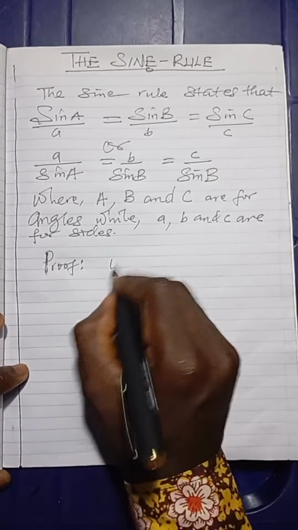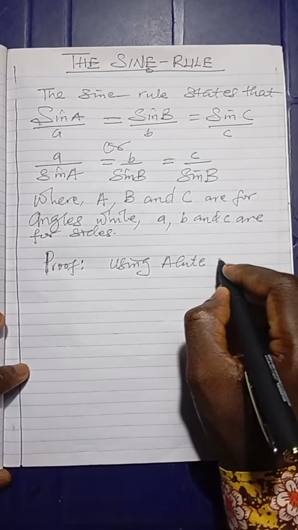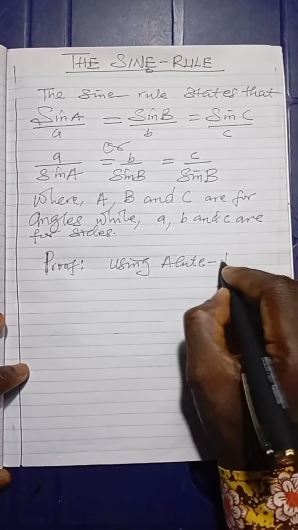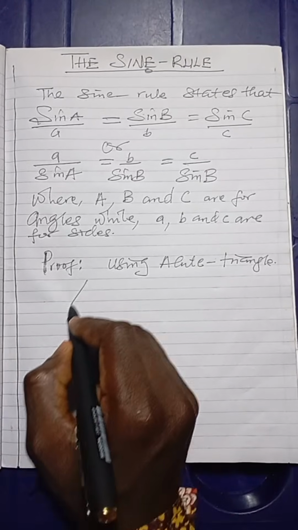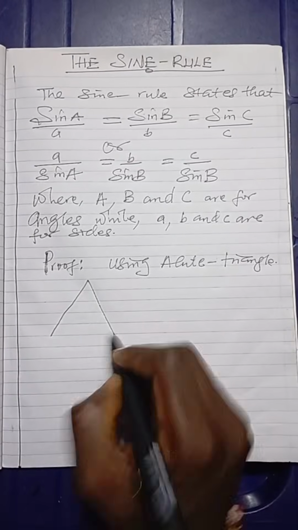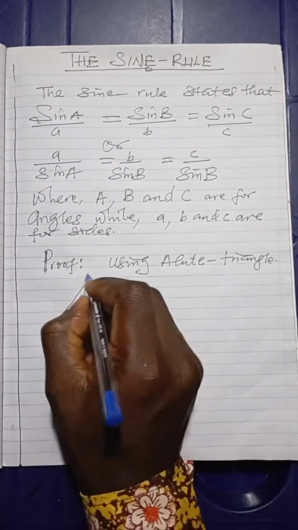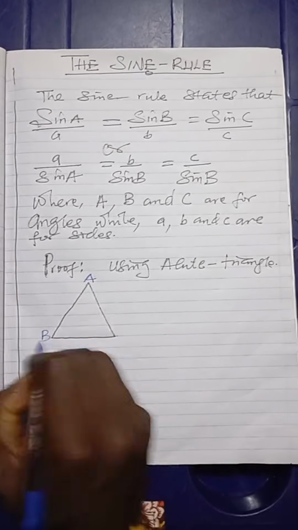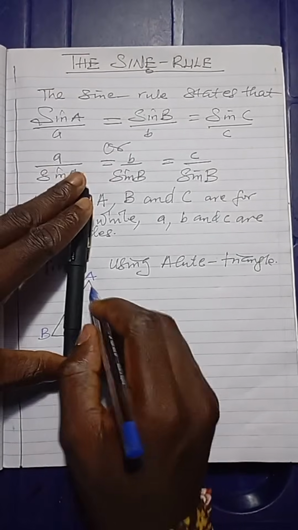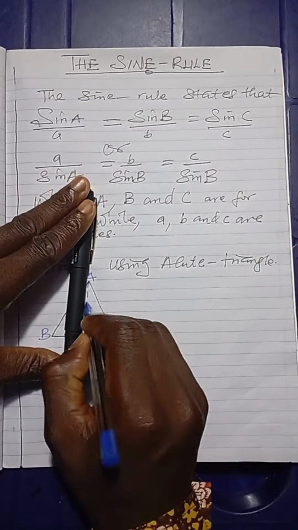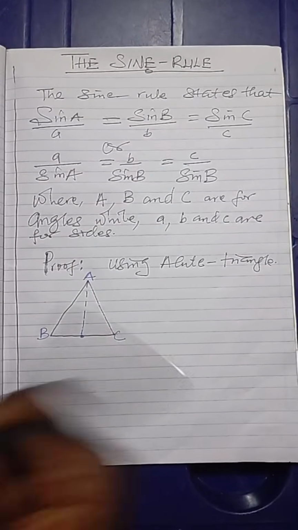We are going to use an acute angle triangle. Let's not bother ourselves with that. So when you have a triangle like this, here is A, here is B, and we have C here. Now let's produce a line from A that bisects BC.